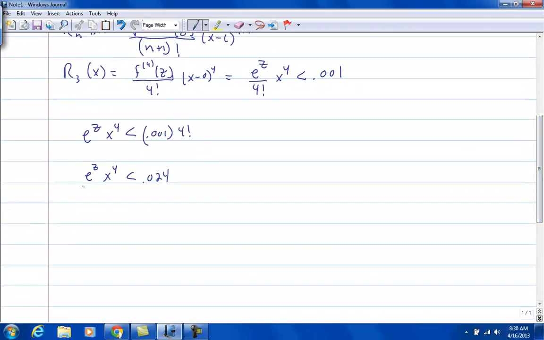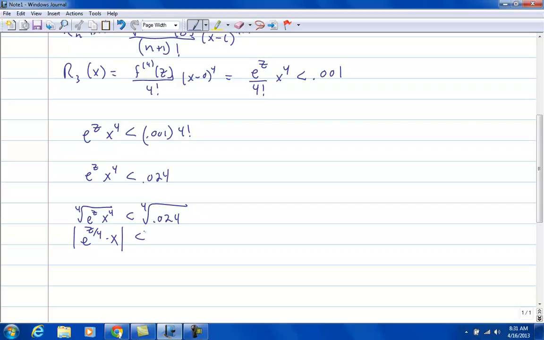Now, if I take the fourth root of both sides, it would be the fourth root of e to the z times x to the fourth is less than the fourth root of 0.024, and then we'd have e to the z over 4 times the absolute value of x, because the even index, is less than 0.024 to the 1 divided by 4 power.